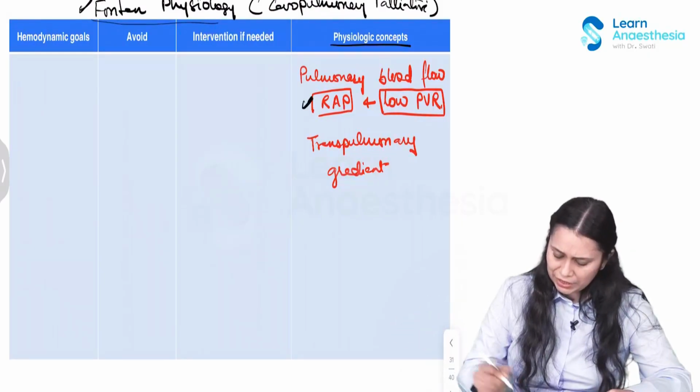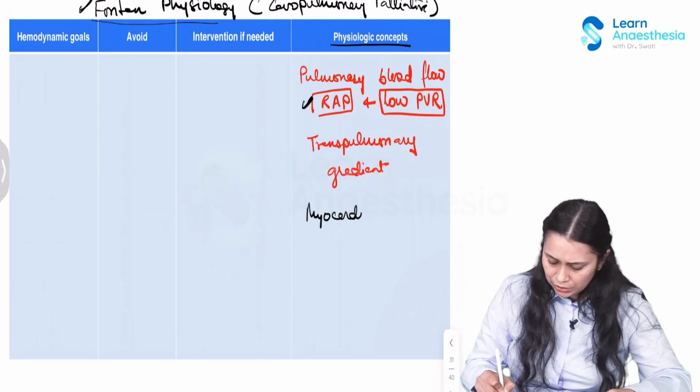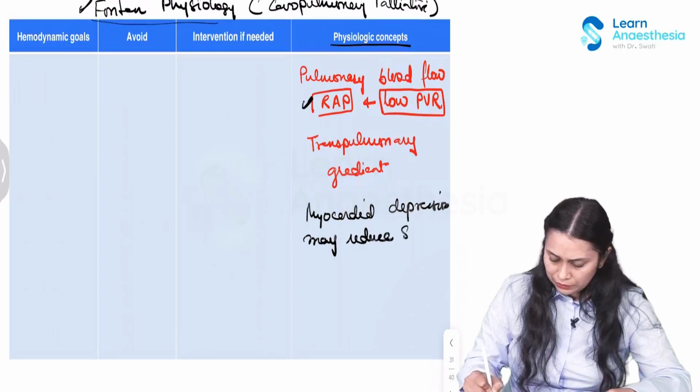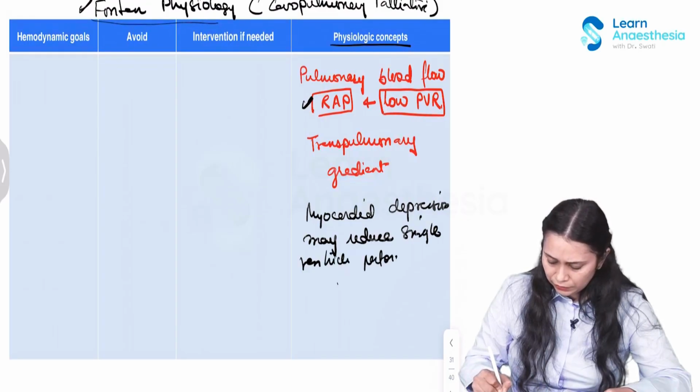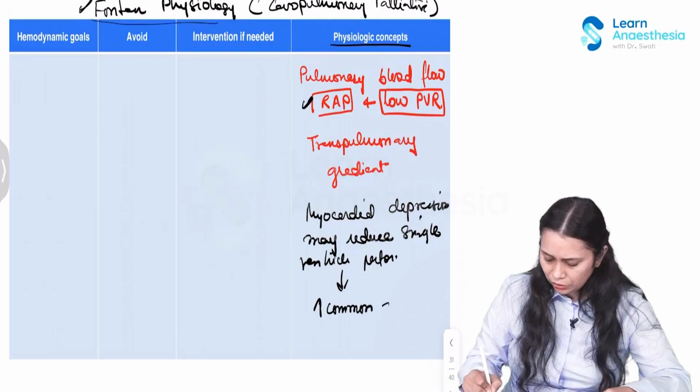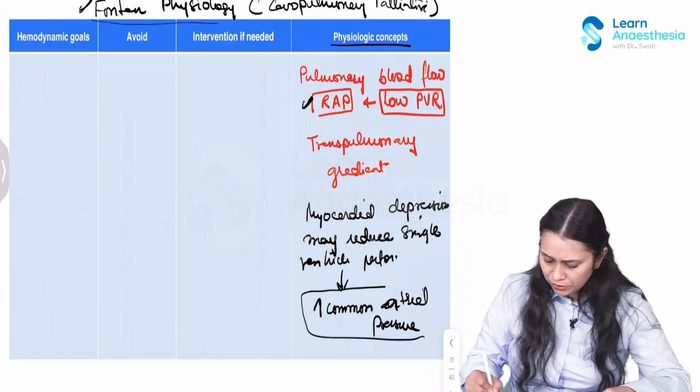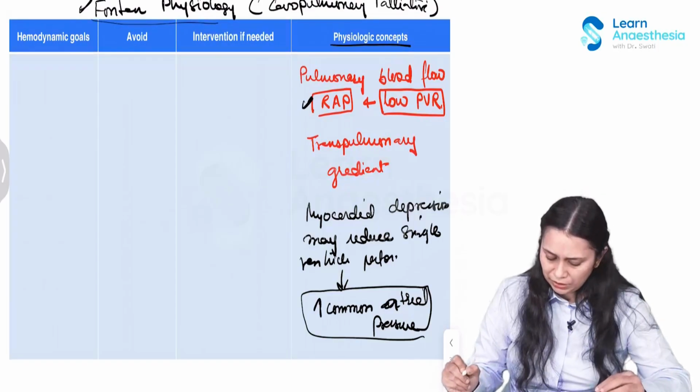So myocardial depression may reduce single ventricle performance, and this can cause increased common atrial pressure. So an increase in common atrial pressure because of myocardial depression can be seen, right?